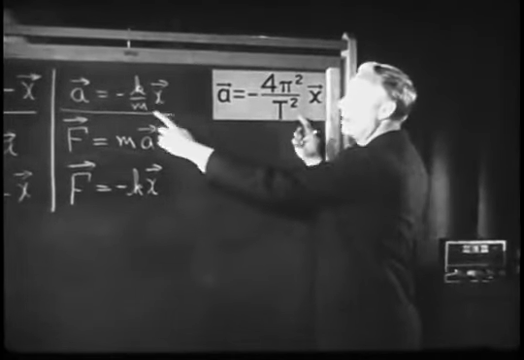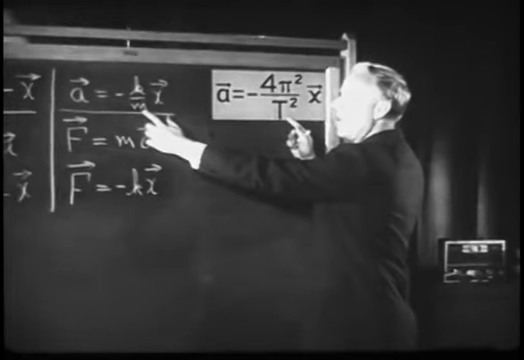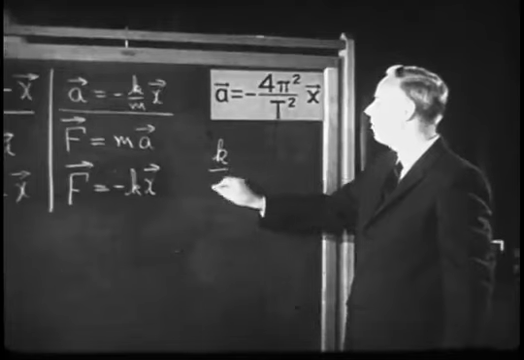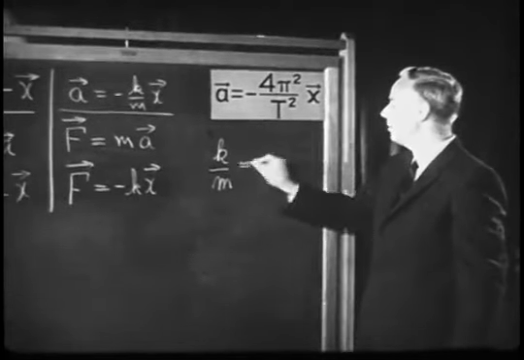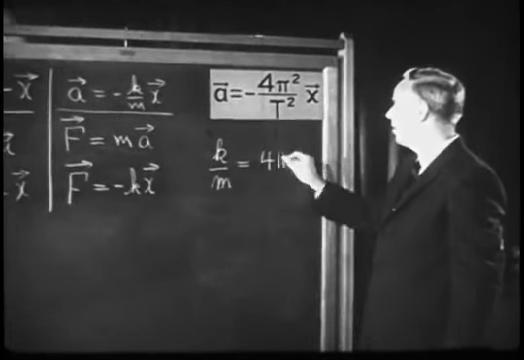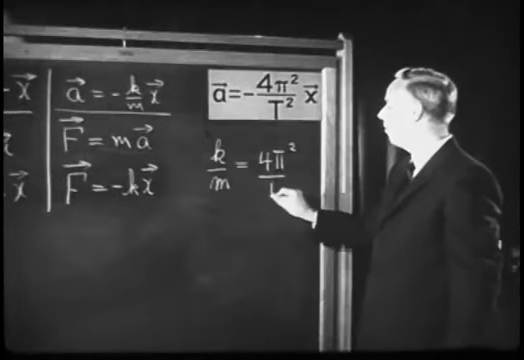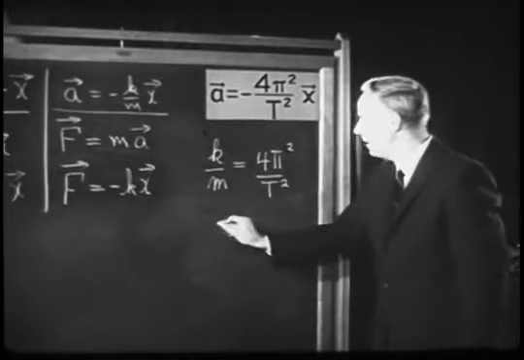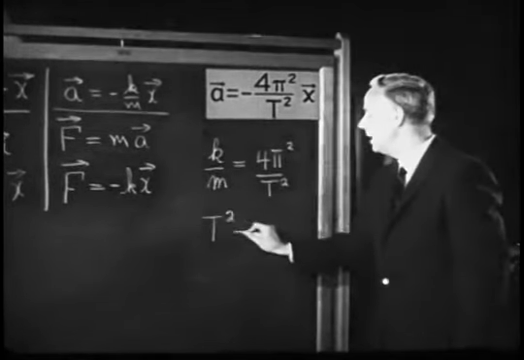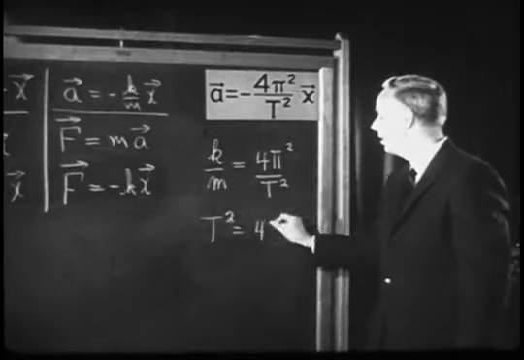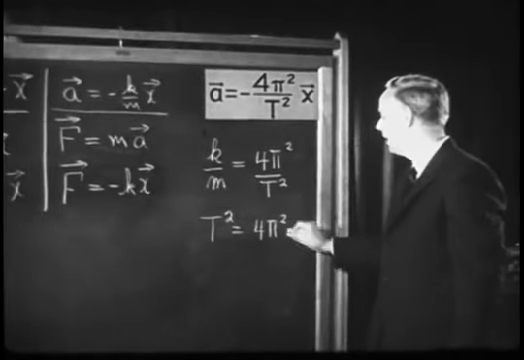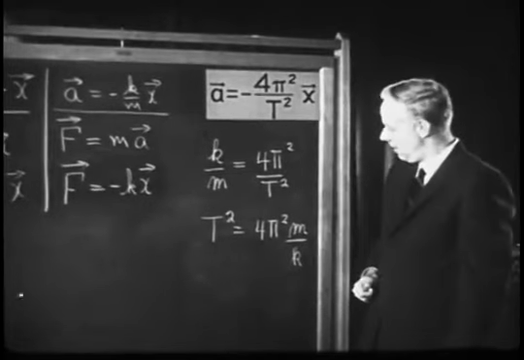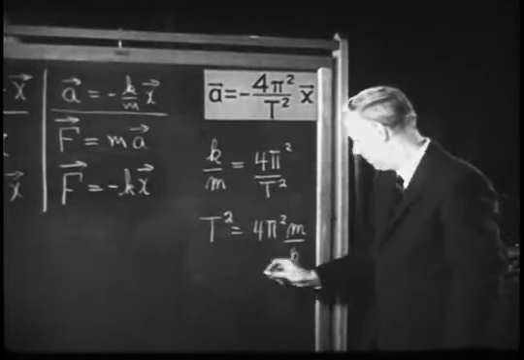Now I'm going to compare these two expressions, and you can see that k over m must be equal to 4 pi squared over T squared. This means that T squared is equal to 4 pi squared m over k. Now I have to take the square root.